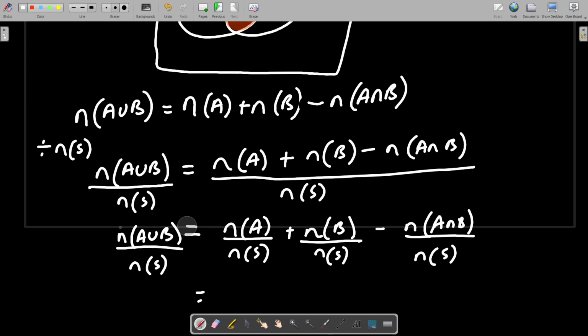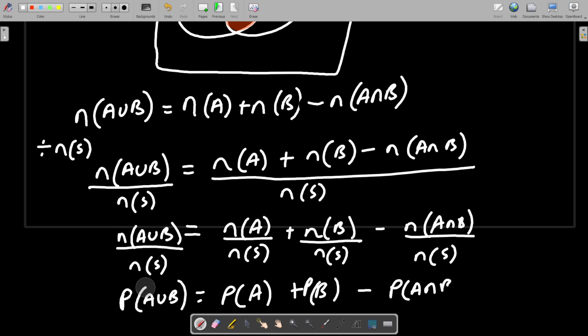Number of elements in an event divided by the number of elements in the sample space. So this is defined as the probability of A union B. This is the probability of A, this is the probability of B. This is the result which we have to prove.